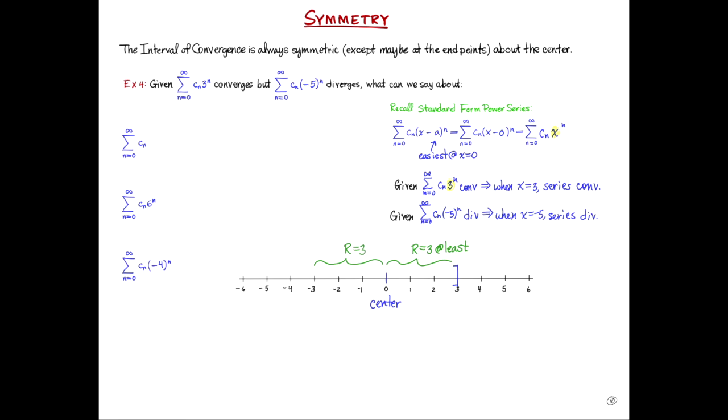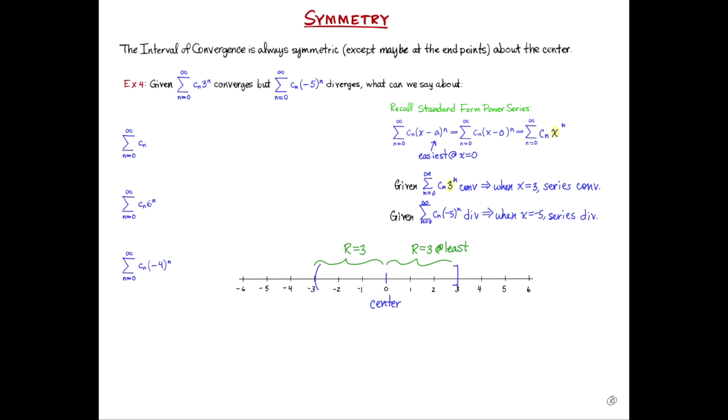But symmetry doesn't hold at the endpoints. Just because our series converges at x equal to 3 doesn't necessarily mean that it has to converge at x equal to negative 3. That means instead of a closed bracket at negative 3, we have to put an open parenthesis. We're also given that our series diverges when x is equal to negative 5.